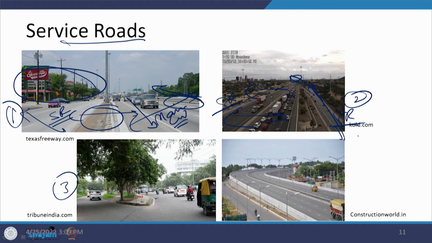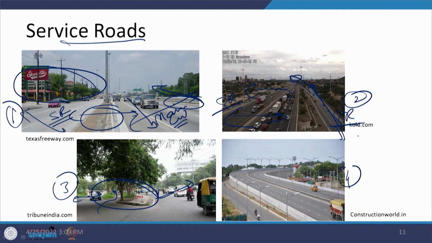Here we have the main carriageway and the service road, and what you can find is that they are separated by way of a median which is developed with trees and plantations. At the same time, there is another path provided between them which can be utilized by cyclists. So, again the separation and the multiple uses are there in this particular type of design.